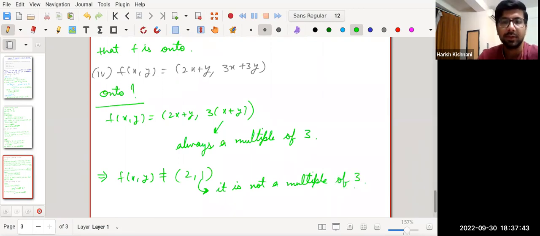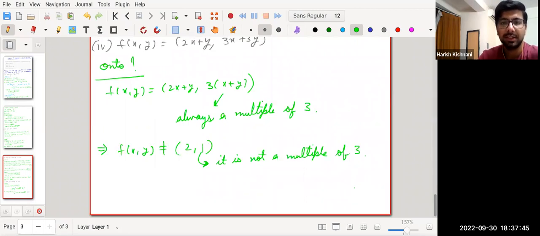So if it is not a multiple of 3, then definitely the function is not surjective.